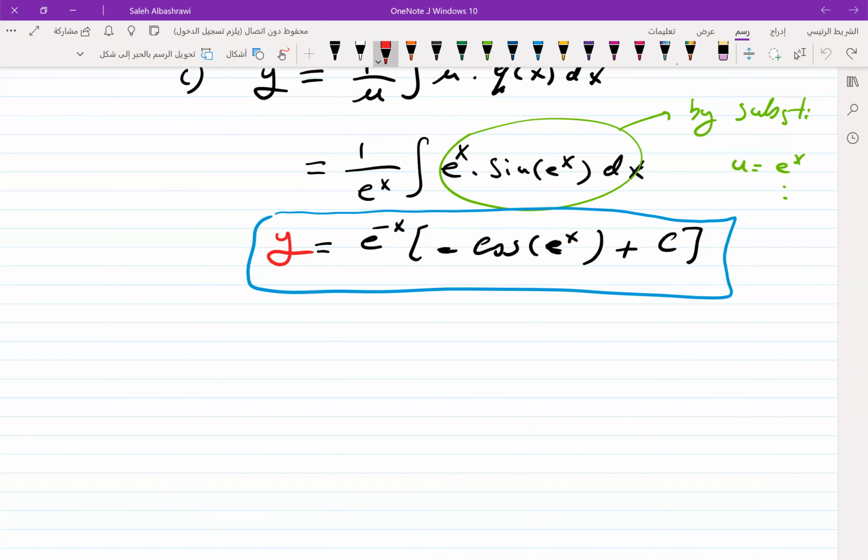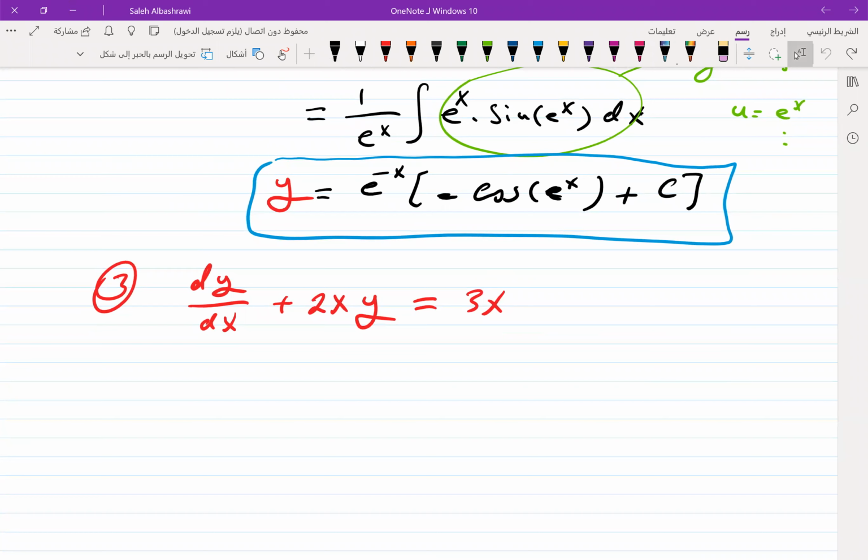Take one more, number 3. dy by dx plus 2x y equal to 3x. As we did before, I need to find or calculate the integrating factor first. So I need to find p of x. P of x is the coefficient of y, so it is 2x.